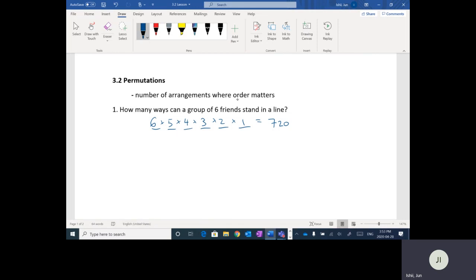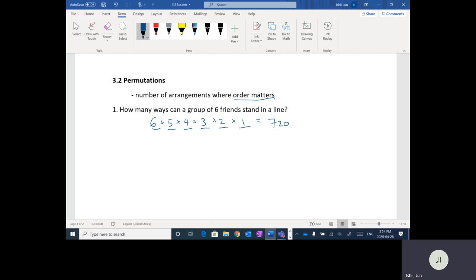So the key thing here, again, is that the order matters. The order that you put the people in, right? This is the number of ways where the order matters. So we have 6 of the same people, but depending on which way we arrange them, those will be different arrangements. So this is a permutation. Now you might be asking, what are they called when the order doesn't matter?